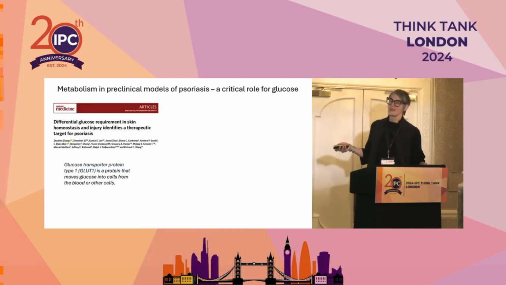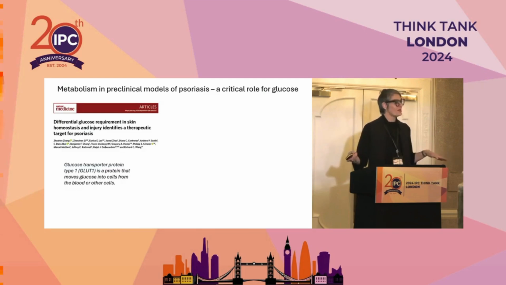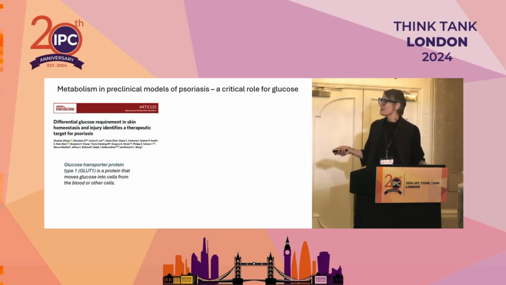What else? So as a preclinical person who does mouse model work, there's a lot more data looking at metabolism in animal models. Why? Because we can do things to mice that we can't do to humans. GLUT1 was already talked about earlier today, and here it comes up again, resurrected.